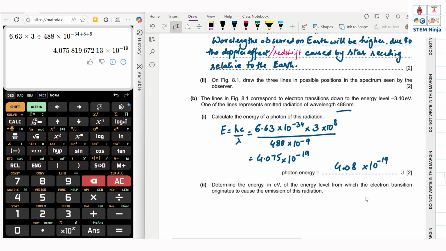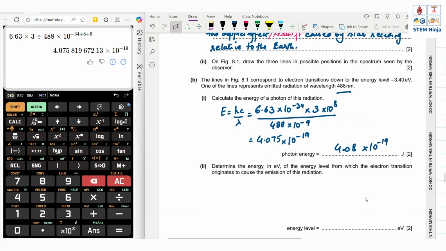Determine the energy in electron volts of the energy level from which the electron transition originates to cause the emission of this radiation. Okay, so first off, we would need to convert this into electron volts. So photon energy in electron volts: 4.08 times 10 raised to power minus 19 divided by 1.6 times 10 raised to power minus 19.